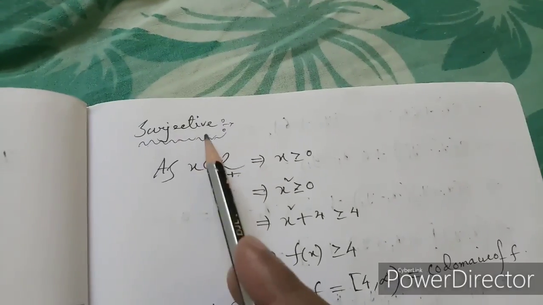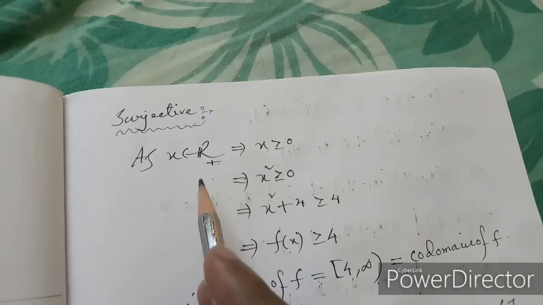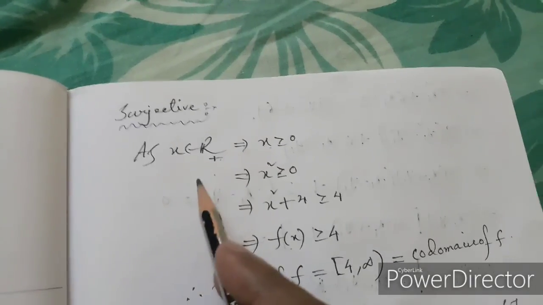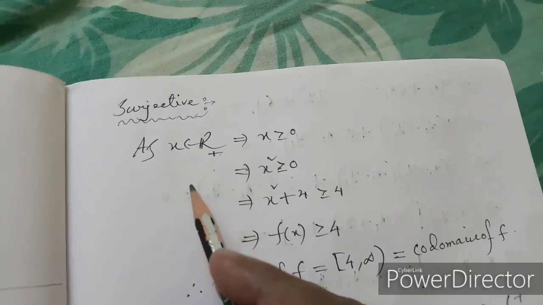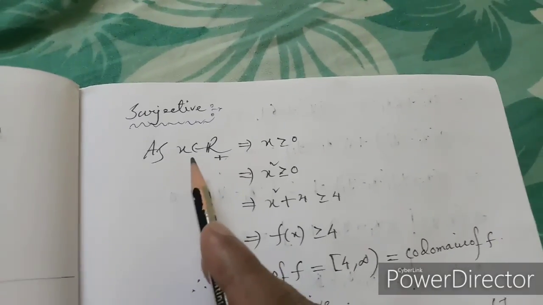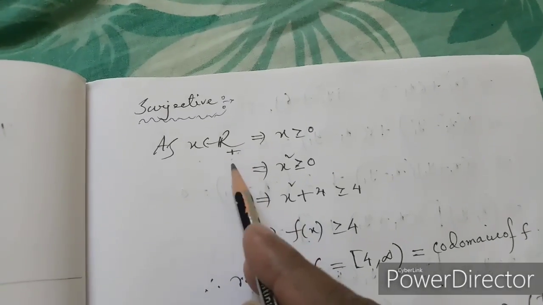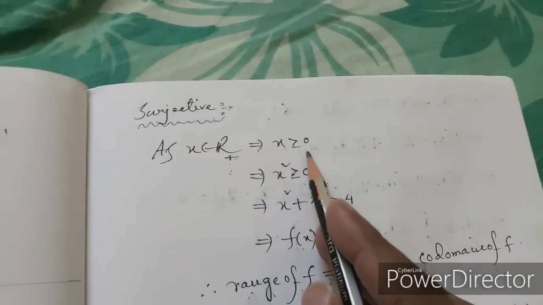Now for the surjective part, here we will apply the procedure that if the range of f equals the codomain, then the function is surjective. So look at that. Consider x belonging to R plus. R plus means the set of all non-negative real numbers, so x should be greater than or equal to 0, obviously.